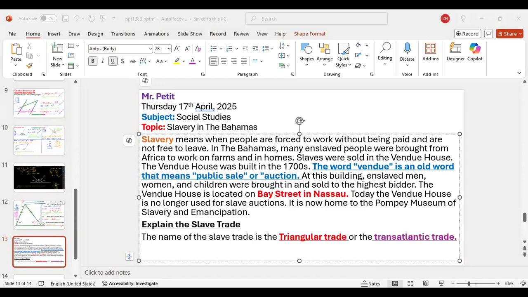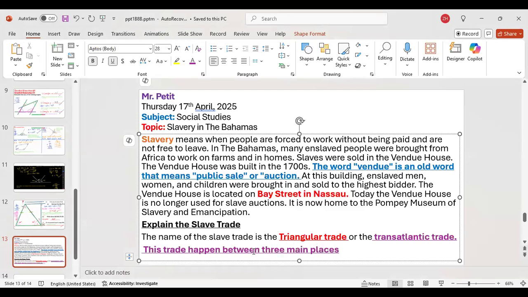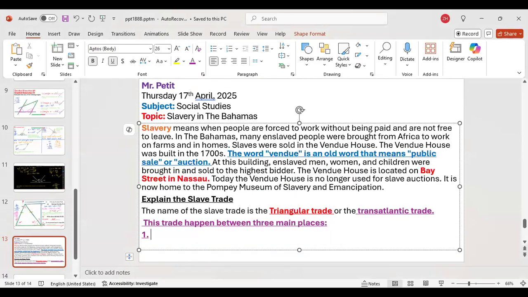So this trade had three main stops. Number one, Africa.